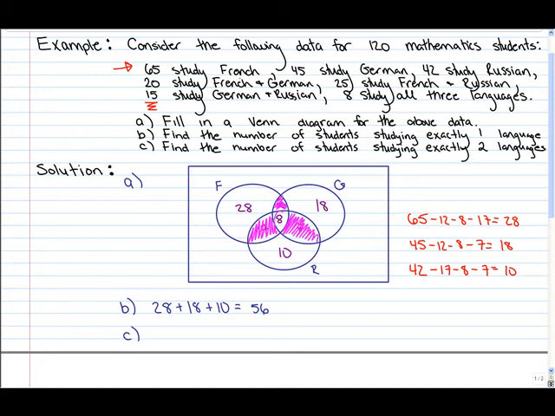Now not the 8, because the 8 represents students who study all three languages. So it's just those three shaded regions there, and those numbers are 17, 12, and 7. So our answer here would be 17 plus 12 plus 7, which works out to be 36 students total who study exactly two languages.